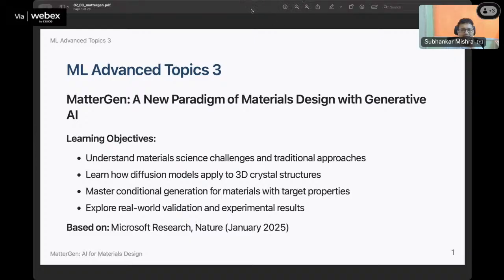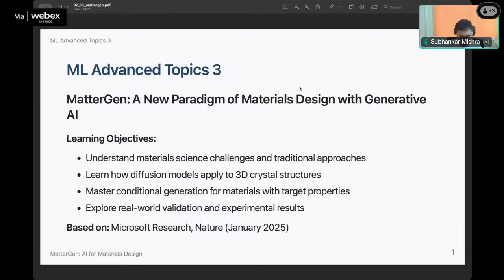Before this, it's not that things were not there. It's just that this was one of the most comprehensive models that could generate new things, specifically using diffusion to generate 3D crystal structures. So there is some form of 3D geometry awareness while generating.